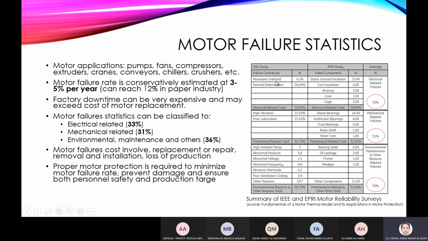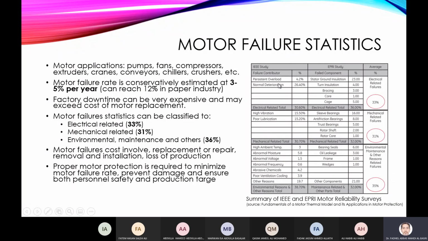Electrical related failures are such as overload, the stator ground, let's say insulation failure, could be core failures, cage, which is the rotor failures, and so forth.